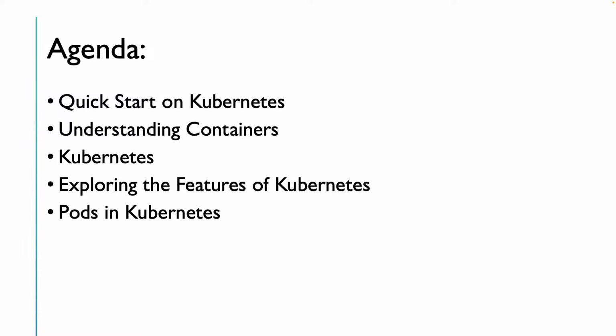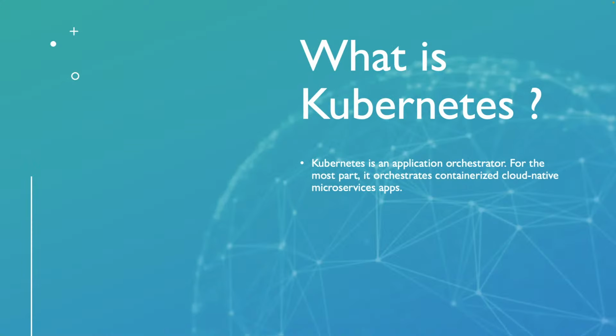Okay, so let's get started. First, let's define what exactly Kubernetes is. Kubernetes is an application orchestrator, and for the most part, it orchestrates containerized cloud native microservices applications.